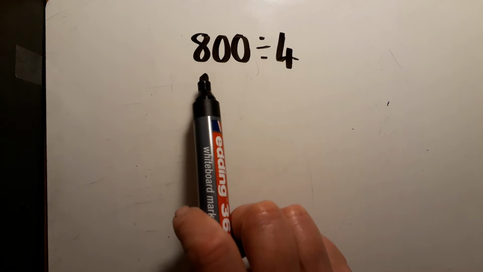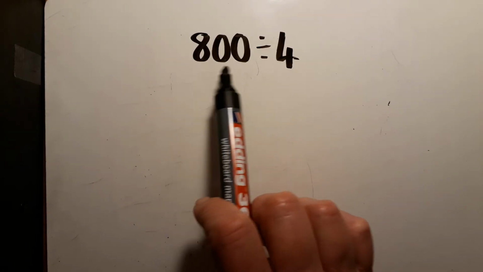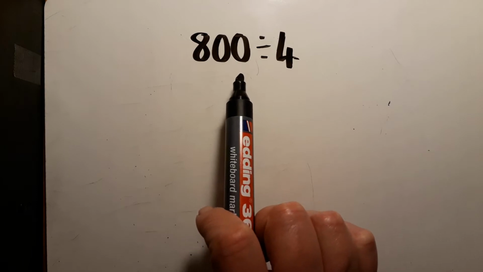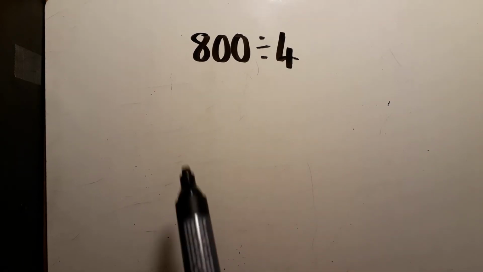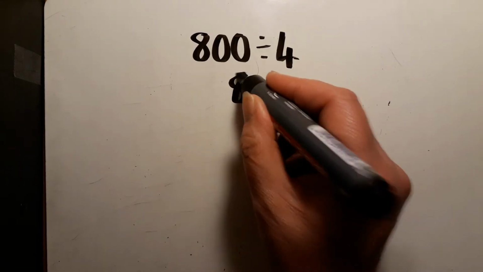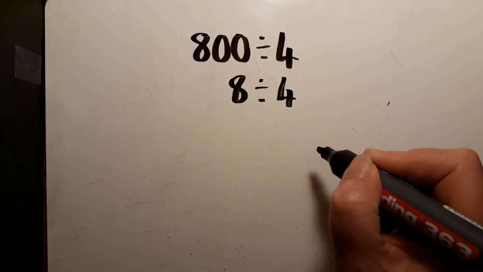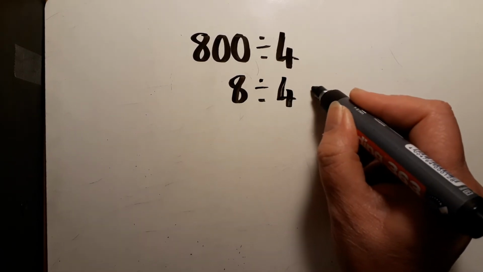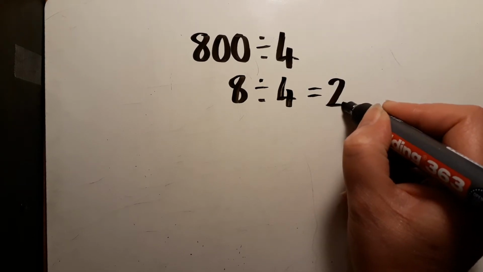As we're looking at 3-digit numbers, what you need to do is use the patterns in place value. So if we look at 800 divided by 4, we're going to use our understanding of 8 divided by 4 to help us. And 8 divided by 4 is 2.